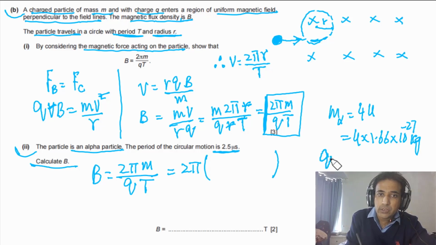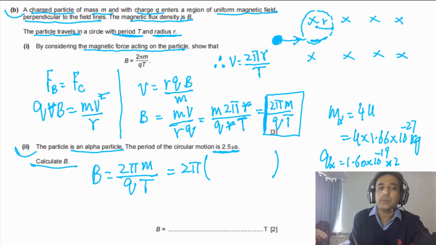And the charge on alpha particle is equal to 1.60 times 10 to minus 19, but this is equal to 2 times of the charge on single electron. So we have to multiply this one by 2. Now simply we need to plug in values here.